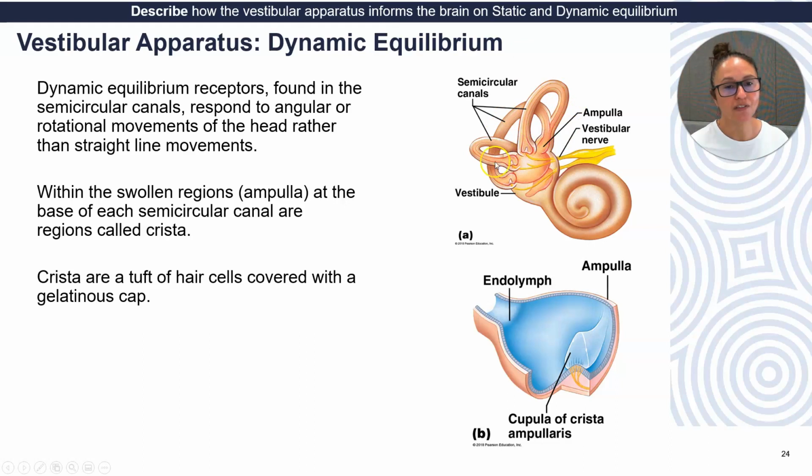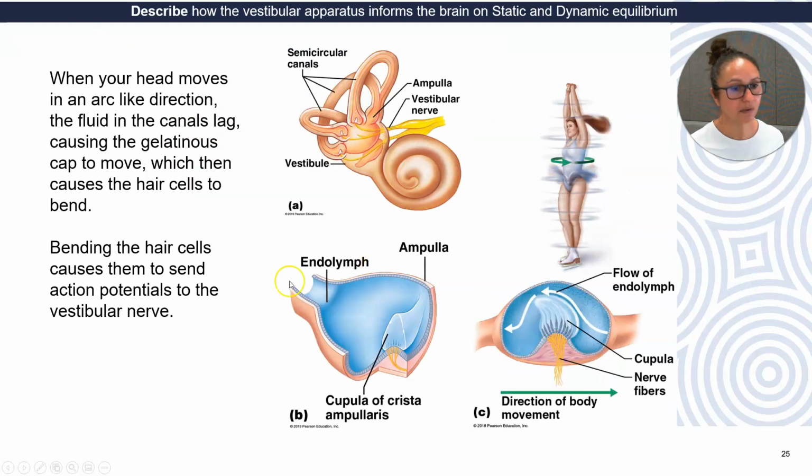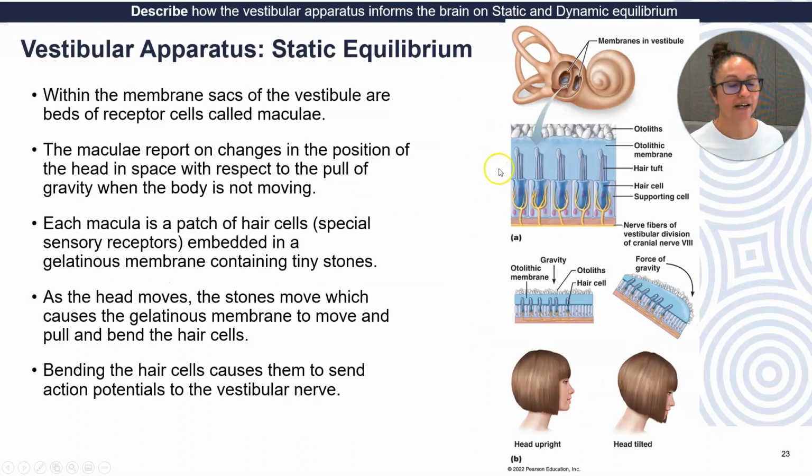And these are where the semicircular canals come in. This looks at rotational movements, whereas these ones look at straight line movement: up, down, front, back.